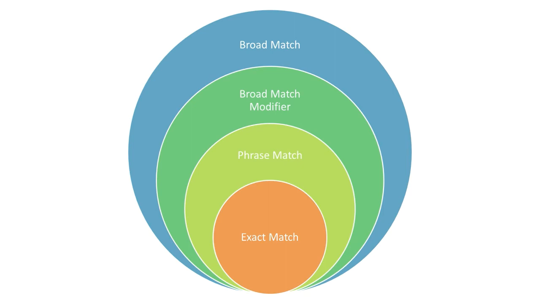Now, phrase match is more broad than that, and then broad match with a modifier like blue baseball cap, red caps for baseball or whatever, those are even broader, and then the broad match itself is even broader, and that means more and more and more products are going to respond to that search.